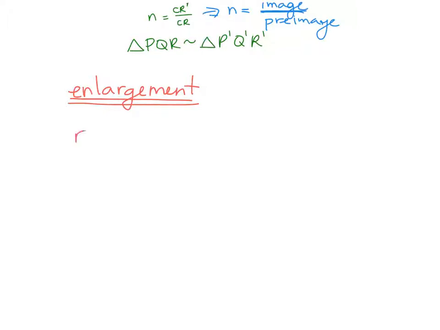Okay, so we're gonna just talk about enlargement and reduction, and then we'll actually draw the pictures and see what it is. So with a dilation, an enlargement means your pre-image is here, and then it grew, it got bigger, right? It dilated and got bigger. When that happens, that means our N, our scale factor, is greater than 1.